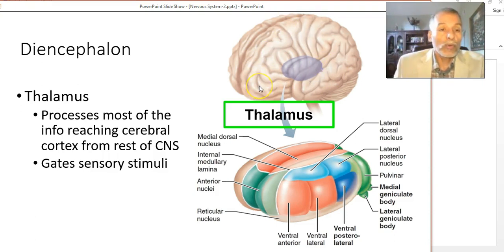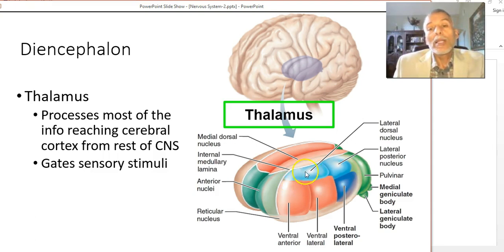And also from the central nervous system, basically the spinal cord and all different parts. For example, all the information goes to the central nervous system, to the spinal cord and so on. And from there, it is going to go to the thalamus. So one is called thalamus, and two, left and right, we call them the thalamic nuclei.